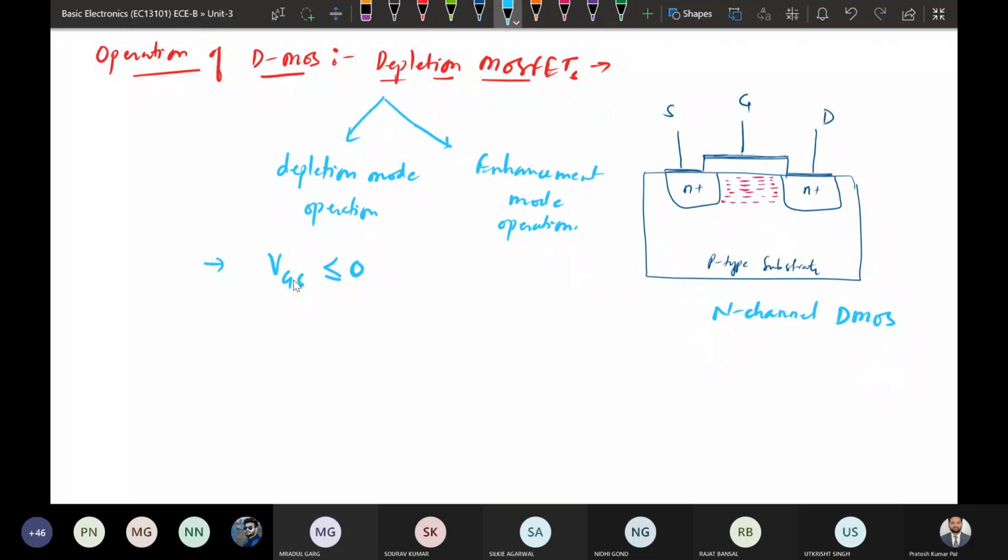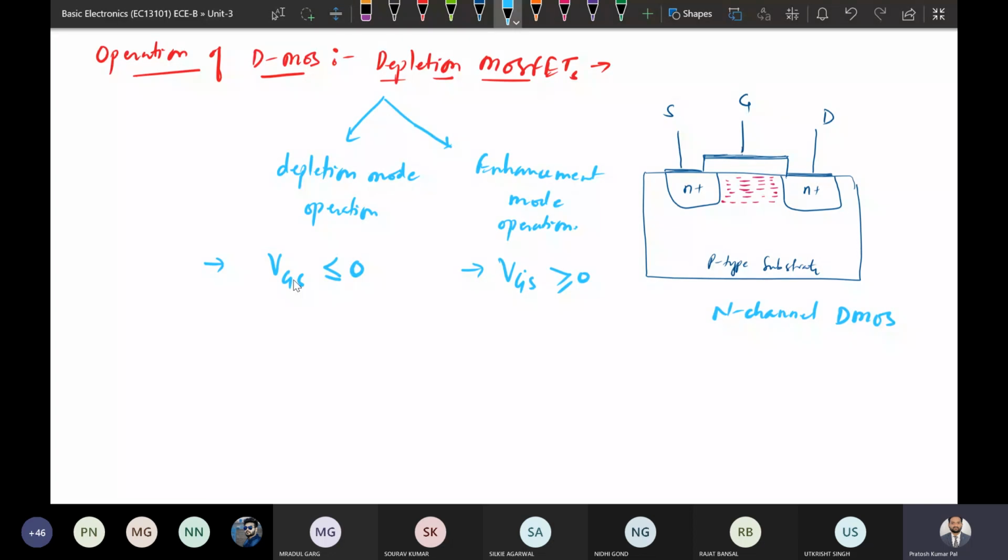That means either we make the gate to source voltage equal to 0, or we make it negative. But if the same n channel DMOS is going to operate in enhancement mode, then we apply a gate to source voltage either equal to 0 or greater than 0.